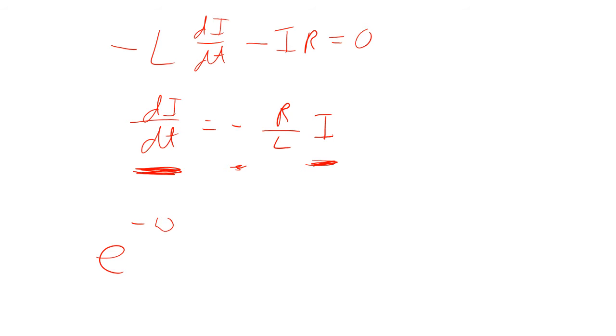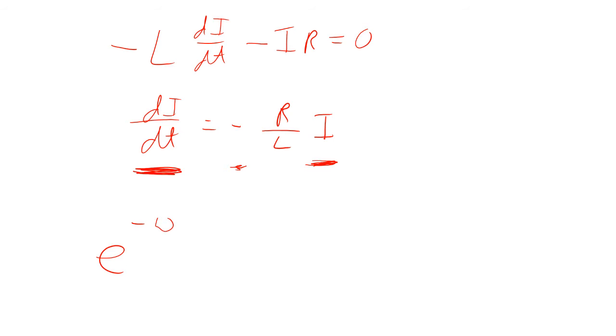When we had a capacitor discharging, dq dt was equal to minus 1 over RC times Q, and that gave us e to the minus t over tau, where tau was equal to RC.